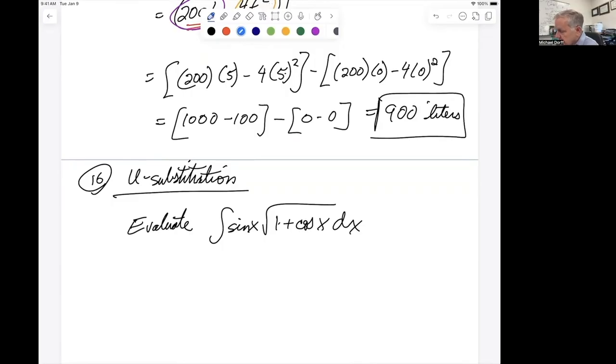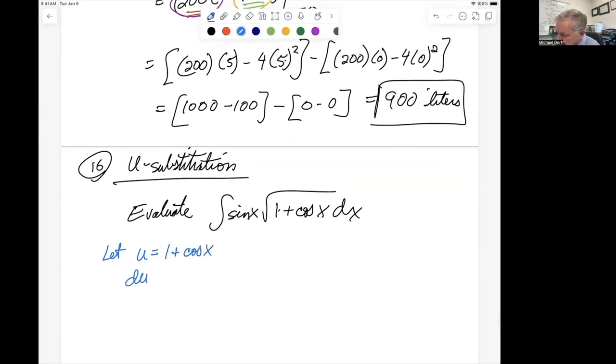So I look at what's the most complicated part that would simplify things, and I'm going to let u be what's under the square root, 1 plus cosine x. Then I need to figure out what du is. I take the derivative of 1 plus cosine x. The derivative of 1 is 0, and the derivative of cosine is minus sine x dx.